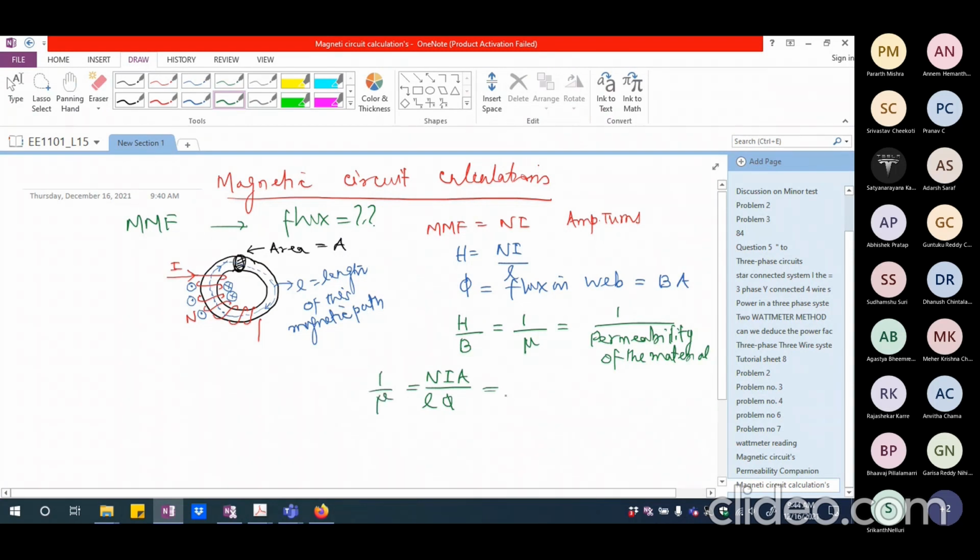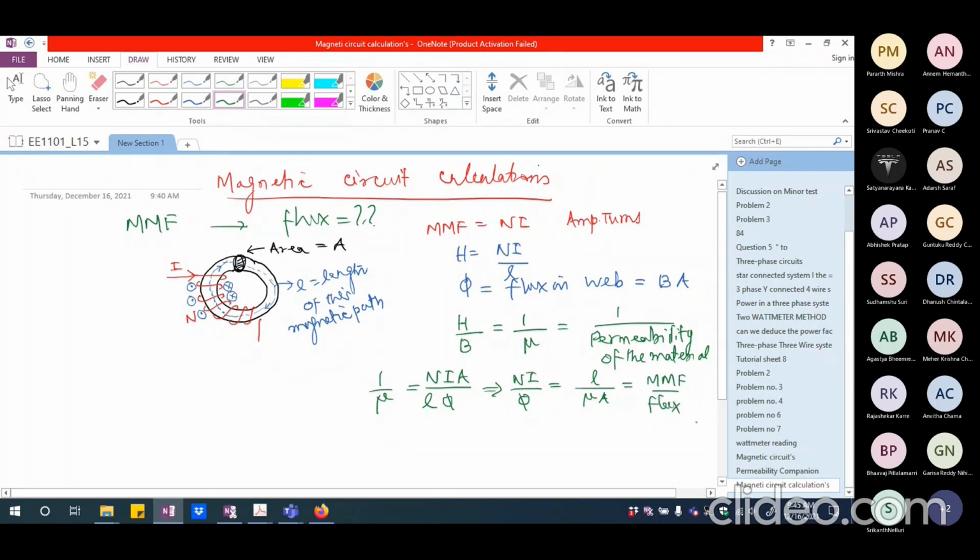So I should be able to write this as Ni divided by phi, and that should be equal to L divided by mu A. So this is essentially the ratio of Ni, the ampere turns or MMF, and flux, which is the effect. So I should be able to write this as MMF divided by flux.